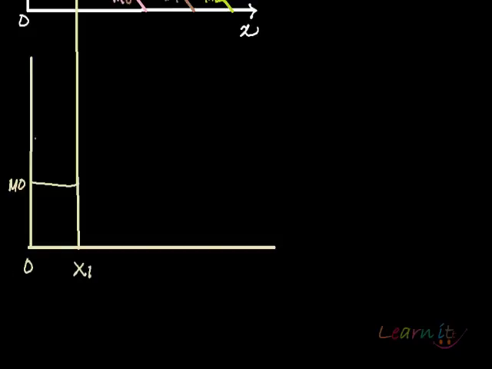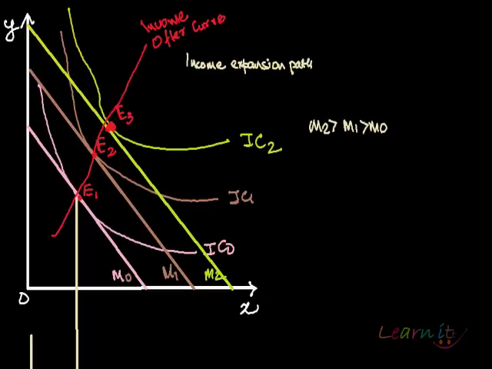When M1 was there, you consume a greater amount of X. So with M1 you consume X1, and at M2 you consume a still greater amount, X2.